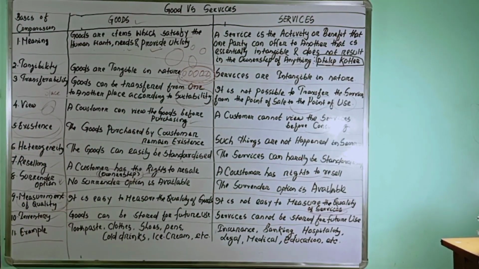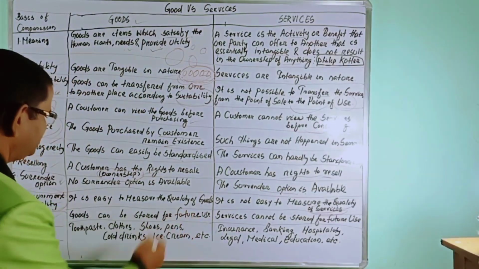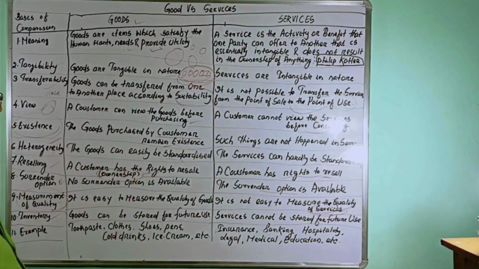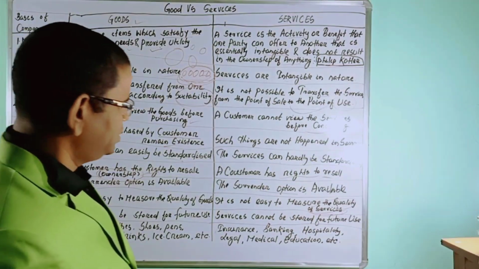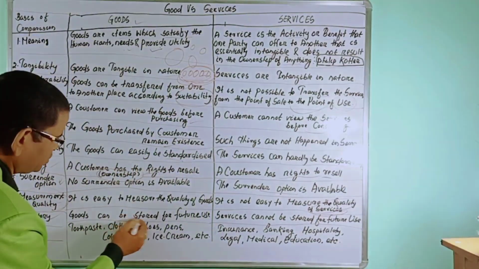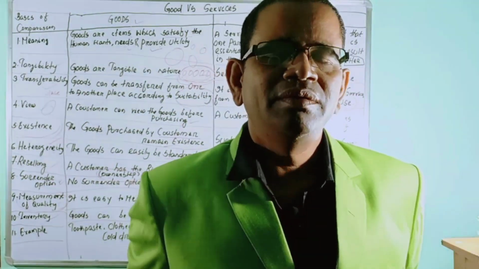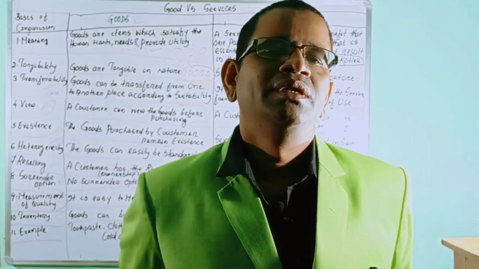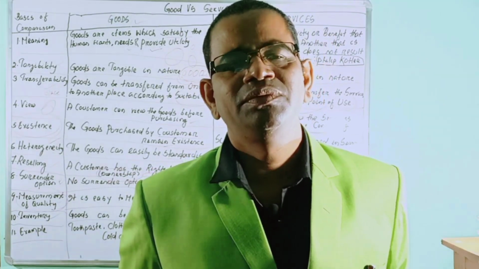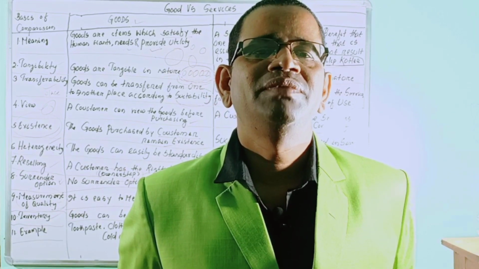The inventory. So inventory, what is this? Whether the goods can be stored for future use or not, or whether the services can be stored for the future or not. Yes, goods can be stored for future use. Let's take an example. Suppose you purchase 10 packets of biscuits or 5 packets of Colgate.